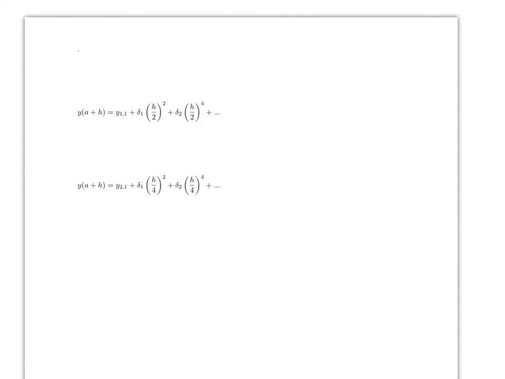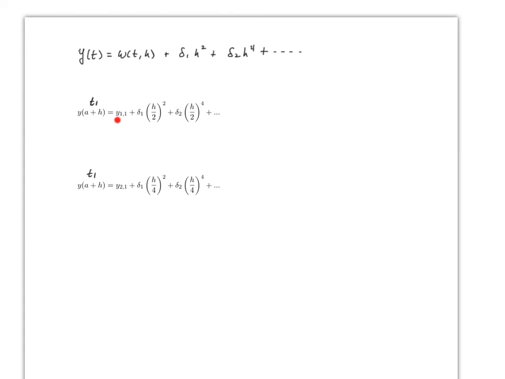All right, remember that y(t) at the very beginning was equal to w(t,h) plus delta 1 h squared, delta 2 h to the 4, and so forth. Remember also that a plus h was what we called t1.